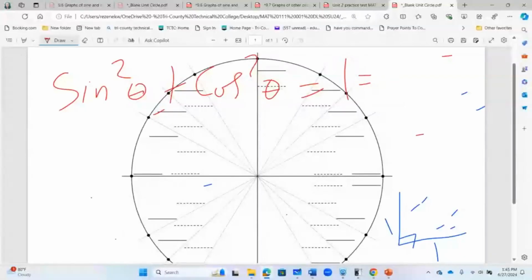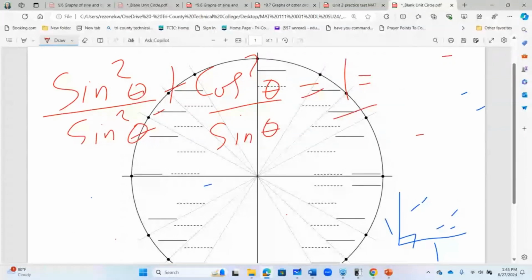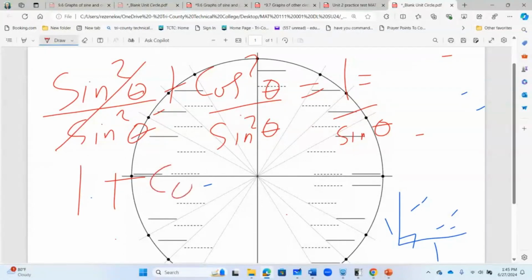And I decide to divide both sides by sine squared theta. Sine squared theta divided by sine squared theta is 1, plus cosine squared theta over sine squared theta is cotangent squared theta. 1 over sine squared theta is cosec squared theta. Therefore, this beautiful identity we shall be using very soon to solve problems.